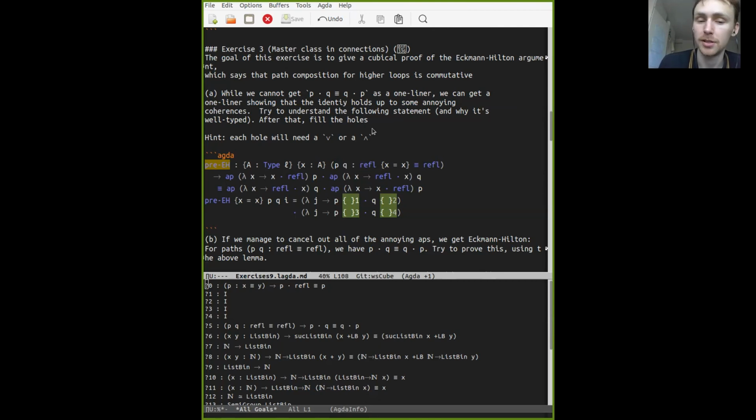This would be super cool if we could just do it in one line in Agda, but we can't, unfortunately. And this has to do with the fact that composition with REFL doesn't reduce.